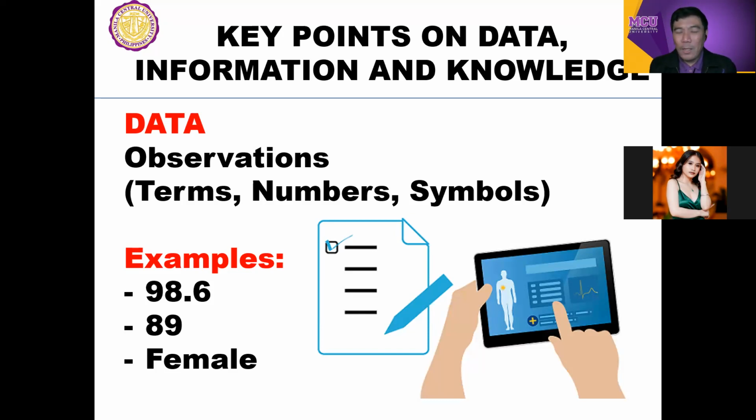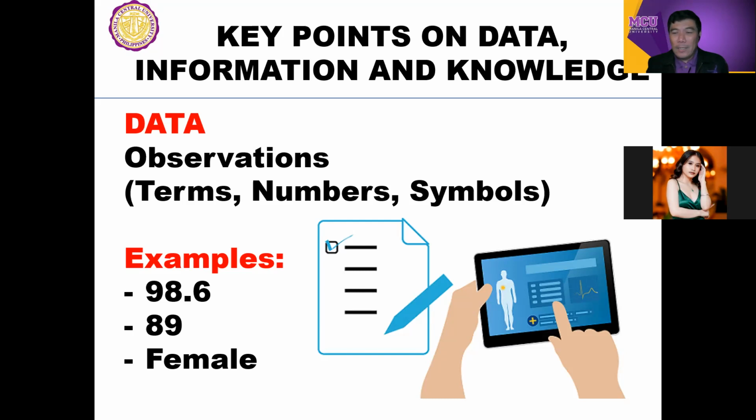Another, earlier we mentioned gender. That could be data. But here, the female is considered as data, because when we consider female, it encompasses age, it also encompasses status, and it can also encompass profession or occupation. So that's why it's very broad.